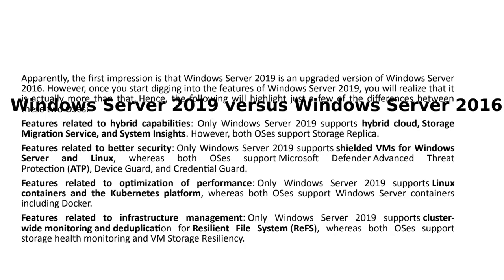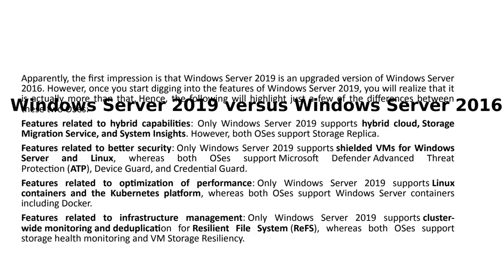So Windows 2019 is much better than Windows 2016. It has more features related to hybrid capability, to cloud adaptability, and to security also. It supports shielded VMs for Windows Server and Linux. They both also have ATP.